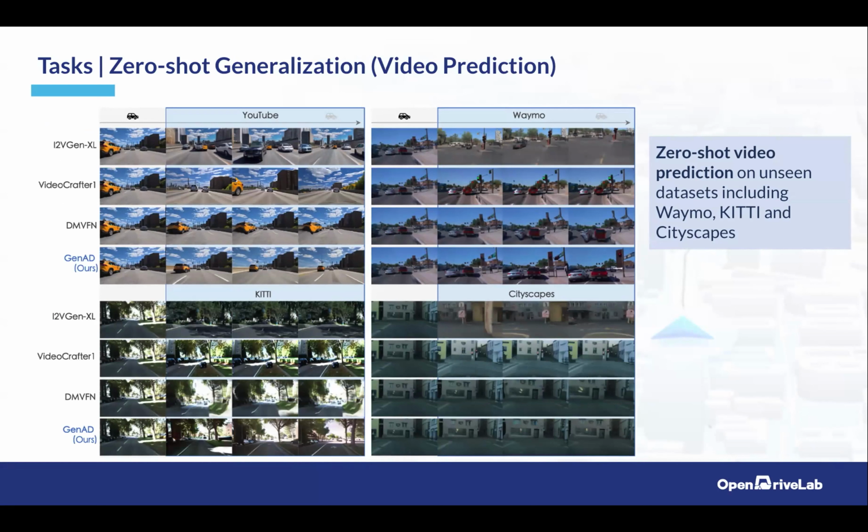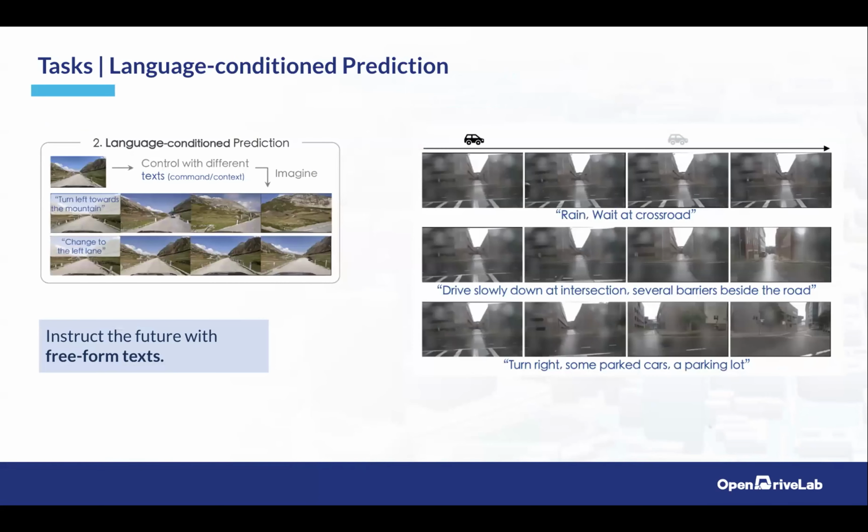We can get very decent zero-shot video predictions on unseen datasets. Other downstream applications include language-conditioned prediction: we can condition the model with different high-level prompts or very specific descriptions, such as a parking lot, or high-level commands like turning into the mountain, and it can generate counterfactual results. So we can instruct the future with free-form text.